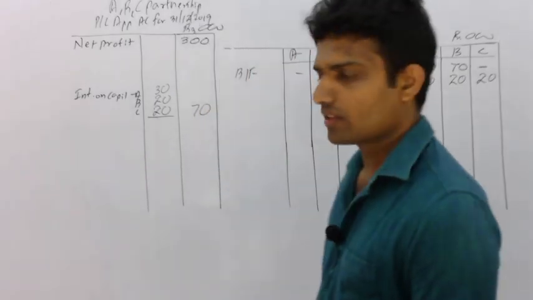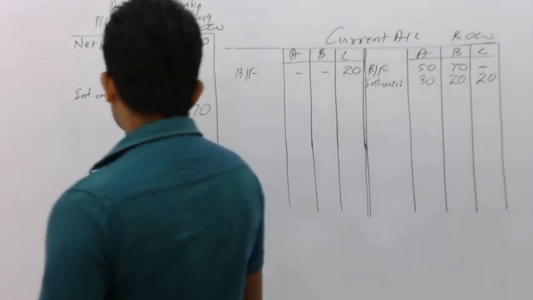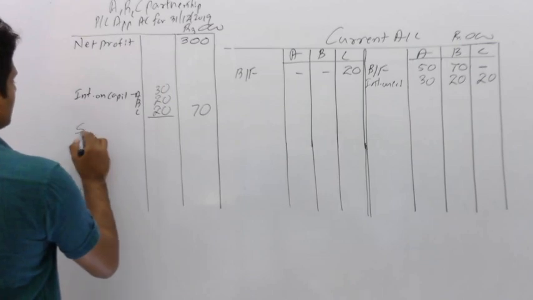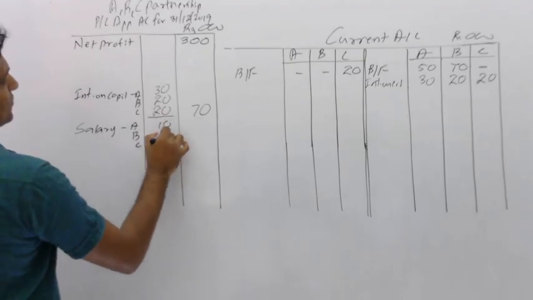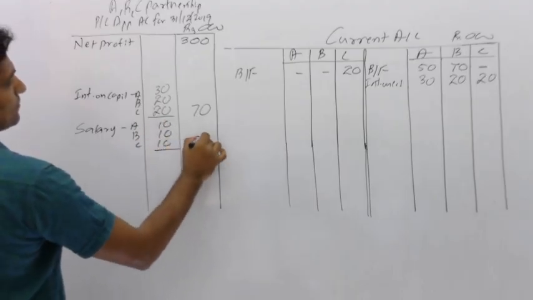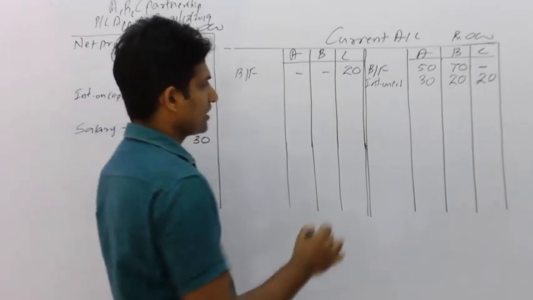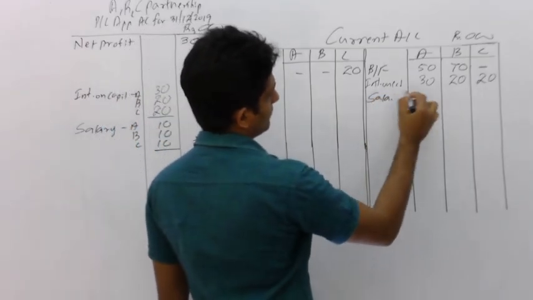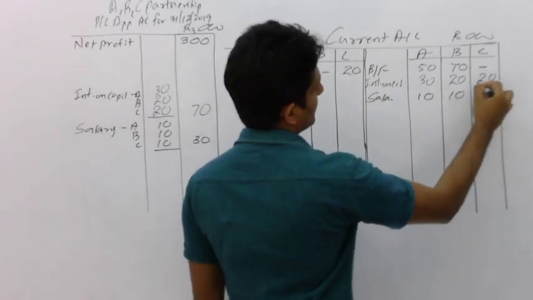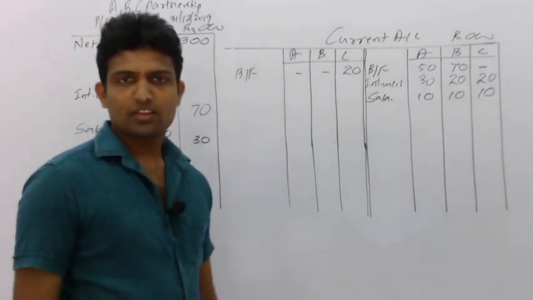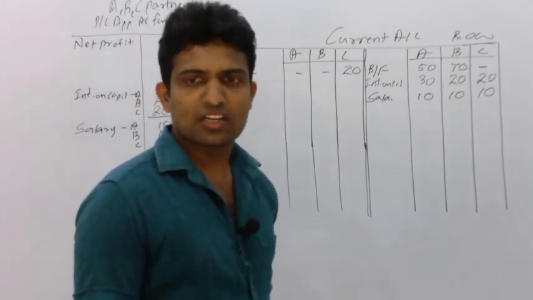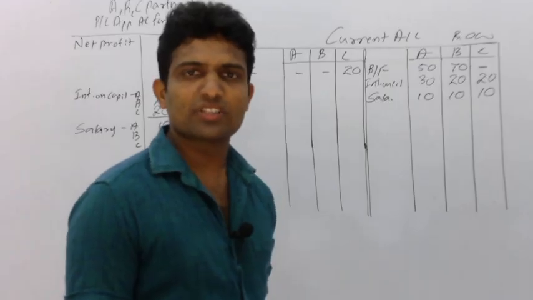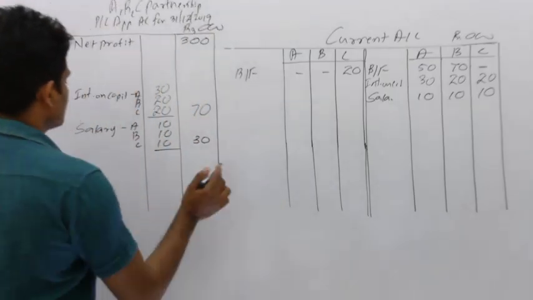Now, and the salary, partnership salary. For A, B and C, just assume 10, 10, 10 each. Credit this salary. In case they are paid any interest on their current account, let's say we pay 10% interest on their current accounts.